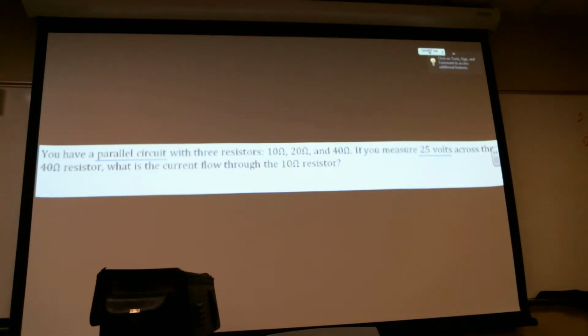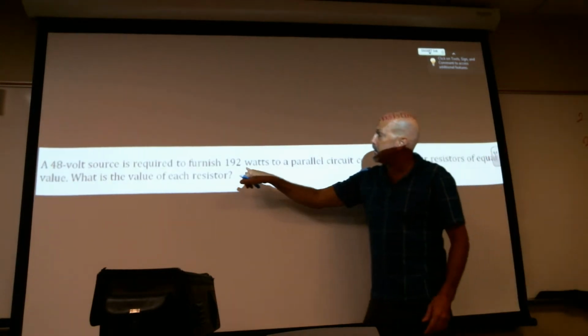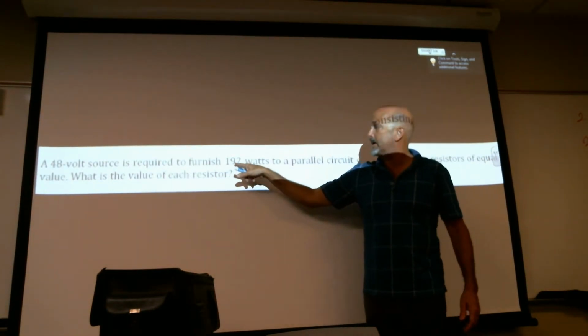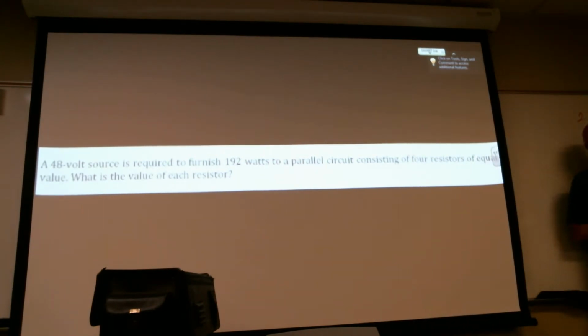Can you explain it one more time? Yes. Okay, right here, I'm going to make up numbers, so I'm just going to do the procedure. Suppose here it is, 4 resistors of equal value. I can take my 48 volts and 192 watts and get a total resistance, divided by 4.